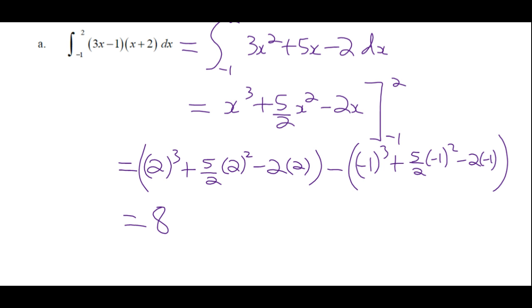You can either take away the 2, or rather, cancel. Plus 10. Minus 4. Okay, minus negative 1. So we're going to write that as plus 1. Negative 1 squared is 1. This is plus 5 halves, so we're going to write minus 5 halves. And this is minus negative 2, which is plus 2, which becomes minus 2.